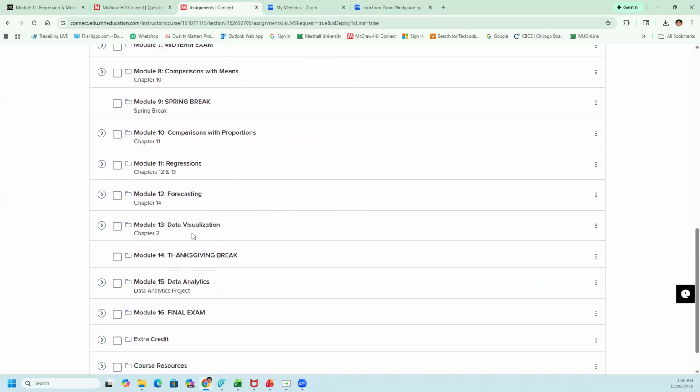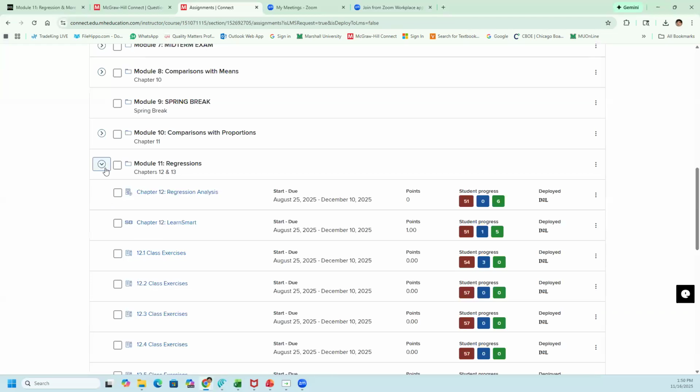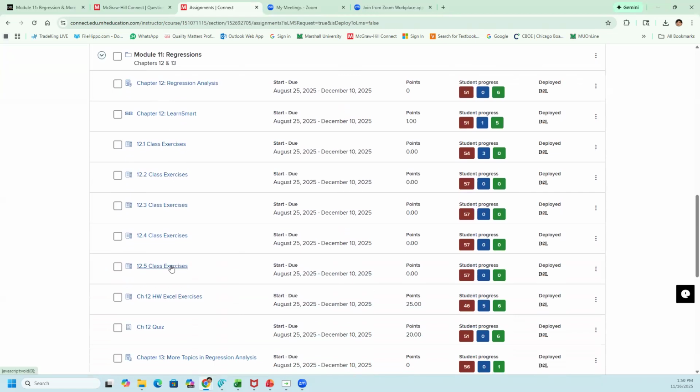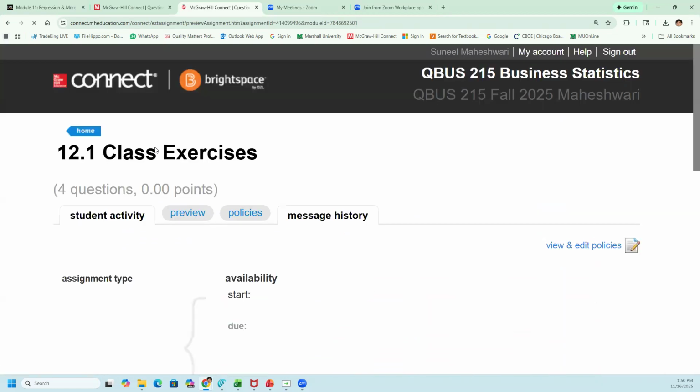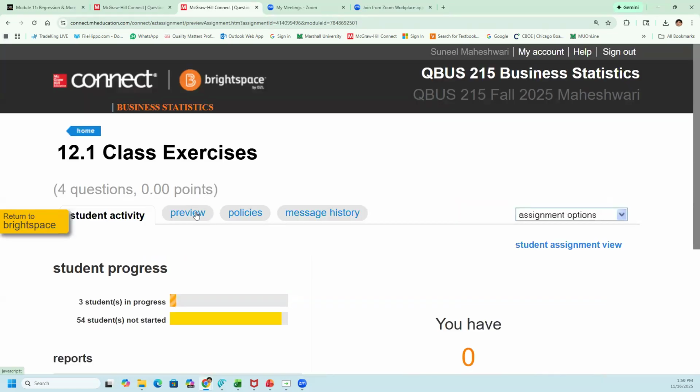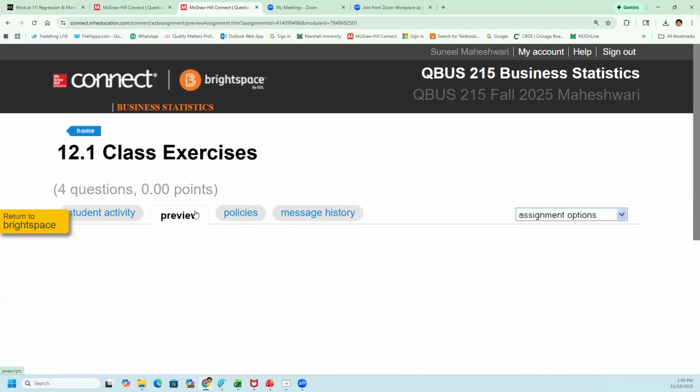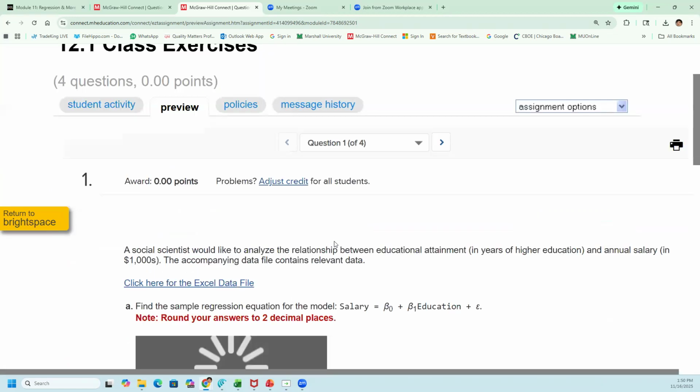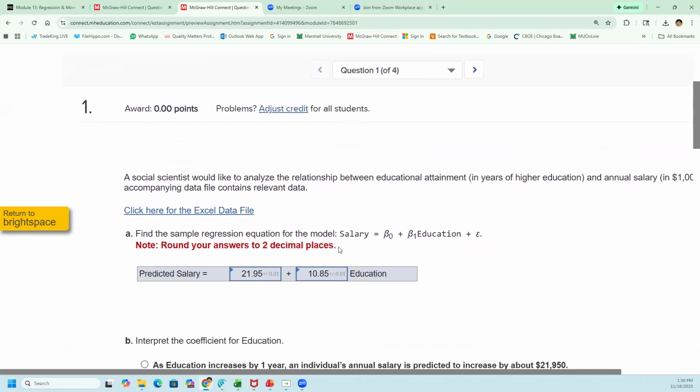So I will start with module 11, chapter 12, and we'll go to exercise 12.1 first. And in 12.1, this is the first exercise that you should be able to see.